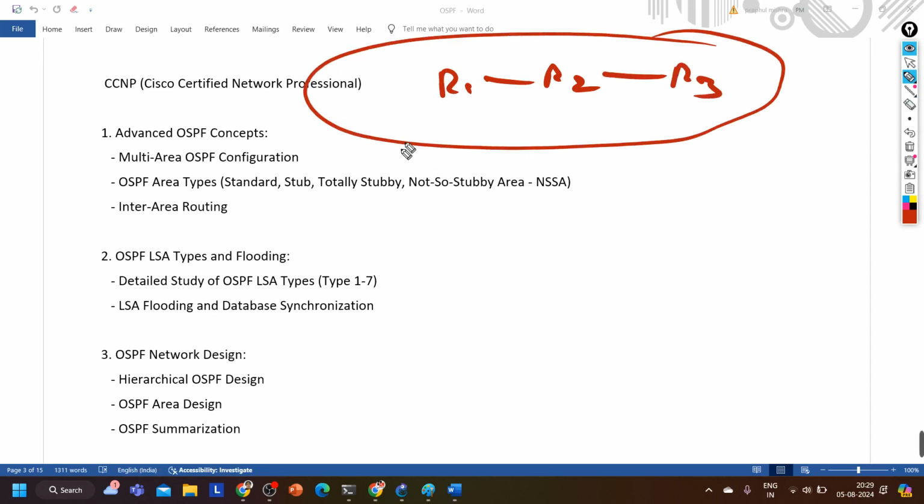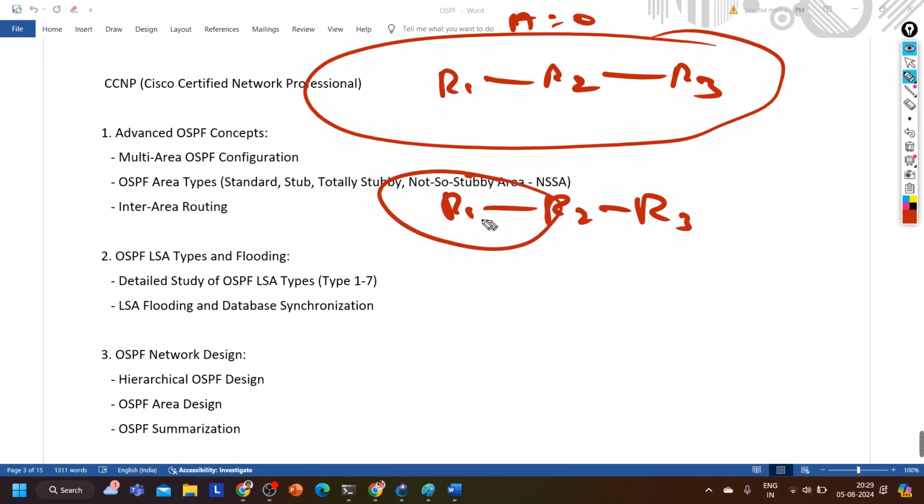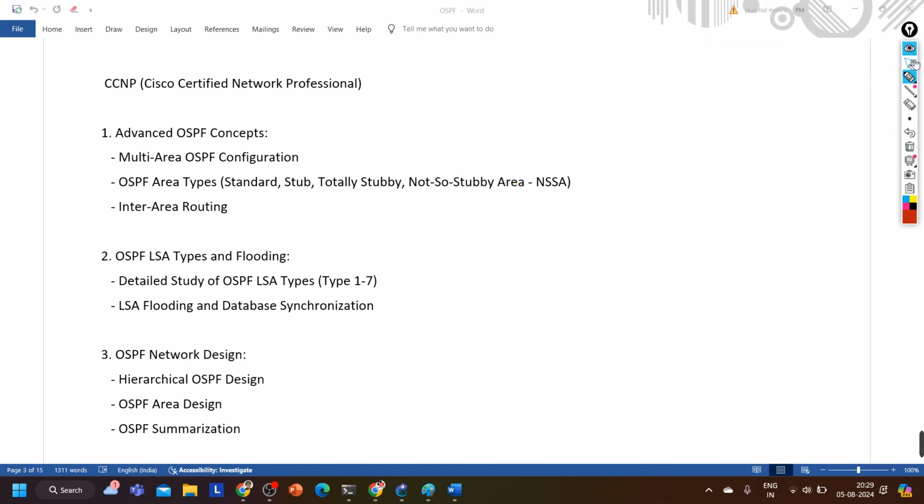If all these routers belong to the same area, let's say area 0, versus R1 in area 0 and these two routers belonging to area 1, a different area. So what will be the difference in this scenario and this scenario, right? That is inter-area routing.